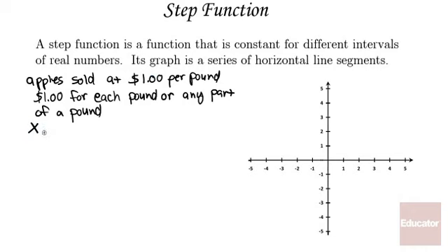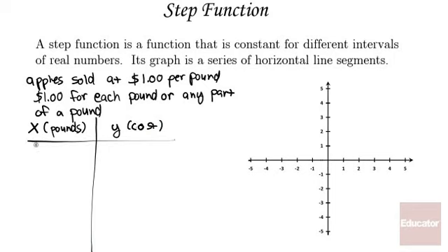So if X is the number of pounds and Y is the cost, then let's see what kind of values we get and what the graph looks like. Okay, if I have 0.8 pounds, I'm going to get charged $1. They're going to round up. If I have a full pound, I'm going to get charged $1.